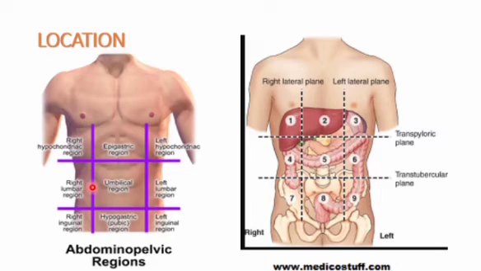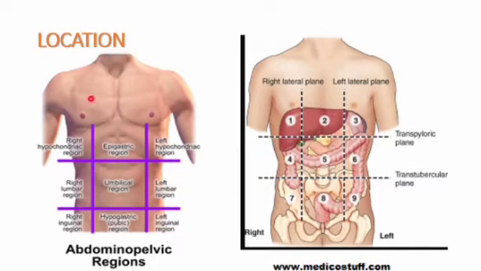What are the names of those 9 quadrants? Right hypochondrial region, epigastric region, left hypochondrial region, and the umbilical region, and on either side of the umbilical region, the right lumbar region and left lumbar region. Just below the umbilicus we have the hypogastric region, with the right inguinal region on the right side and the left inguinal region on the left side.